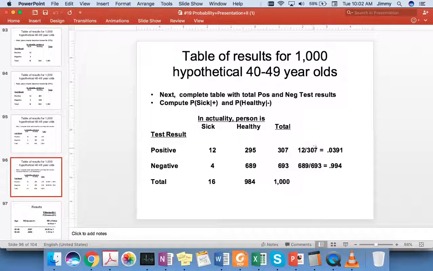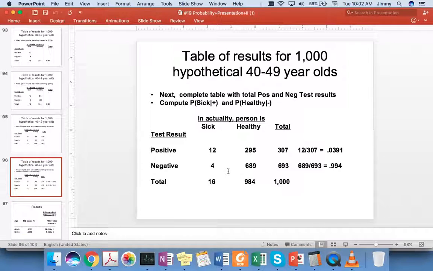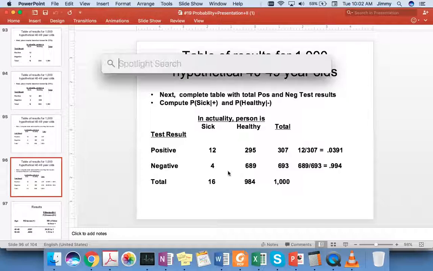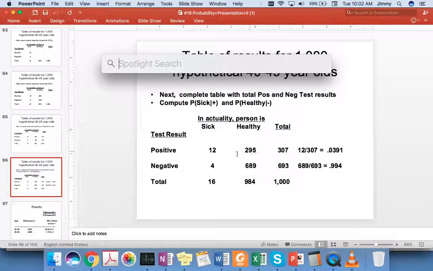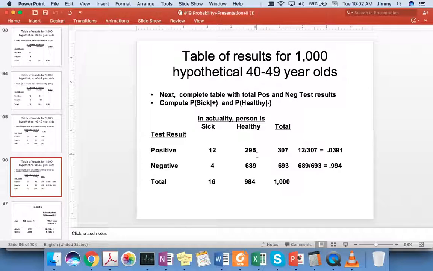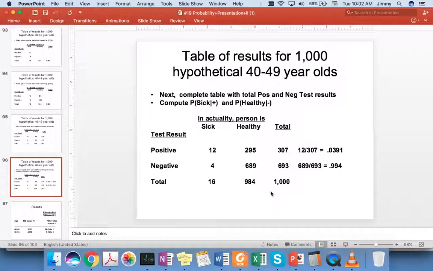It's one of these guys. 0.03 over the probability that you have the disease given that you're positive. I would think it's, yeah, there we go. 295 divided by 12. So it's referring to this first row. And the second one should refer to the second row.